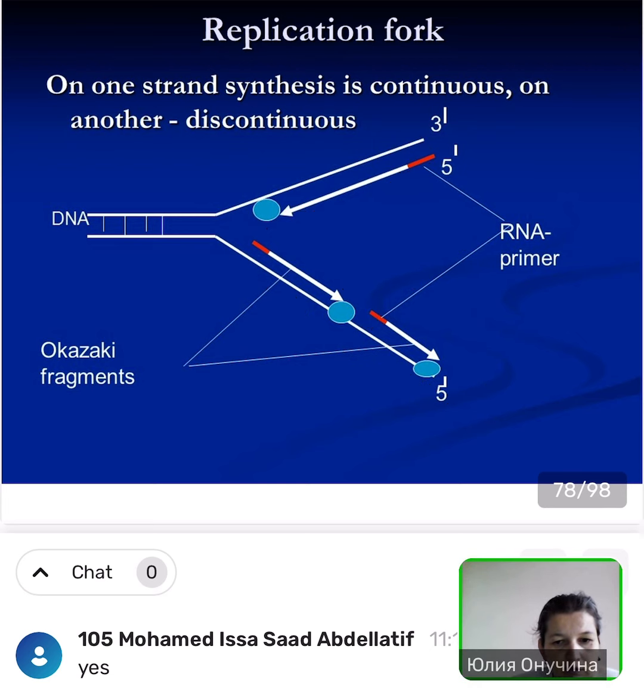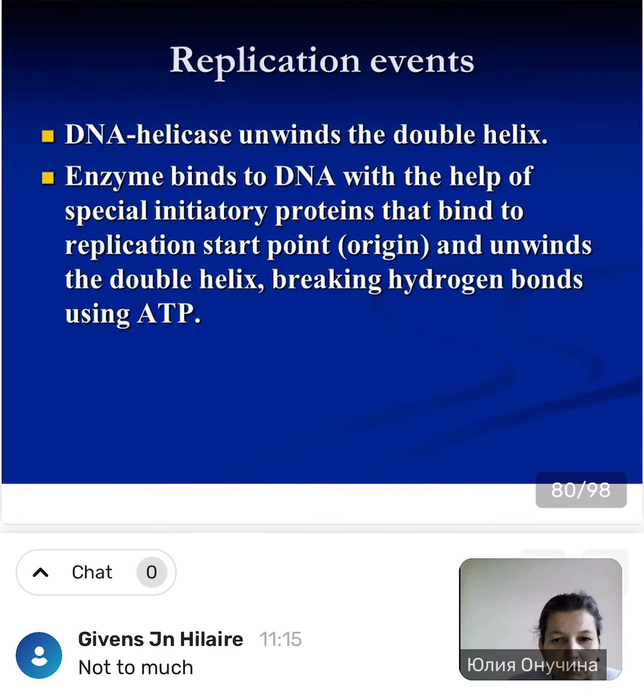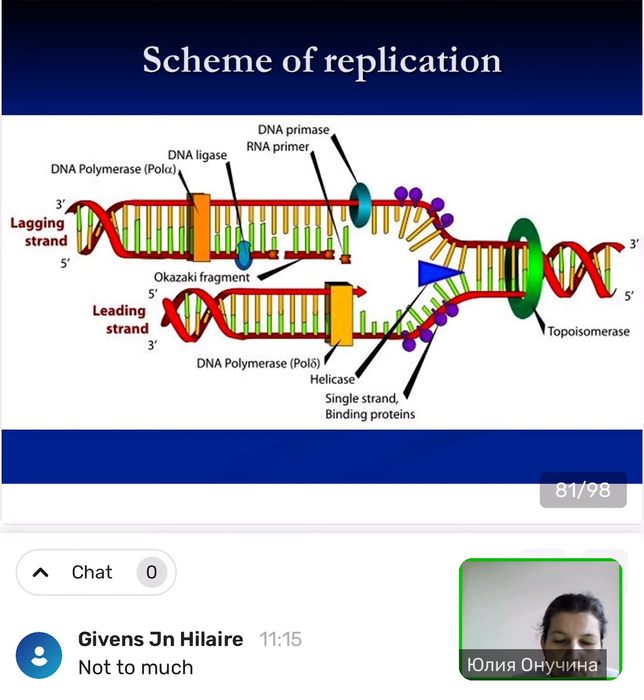So the next. Topoisomerase will lead to this right-handed helix being unwound without winding, and helicase will destroy these bindings.